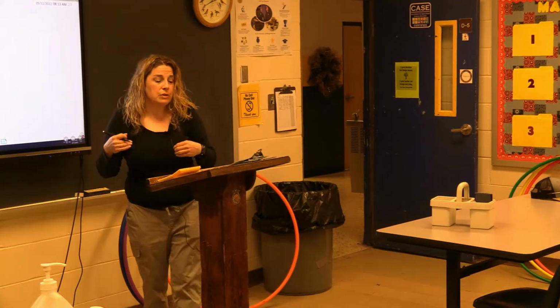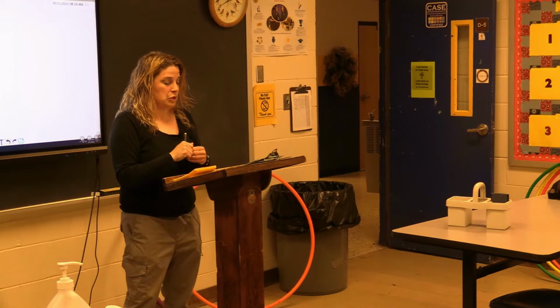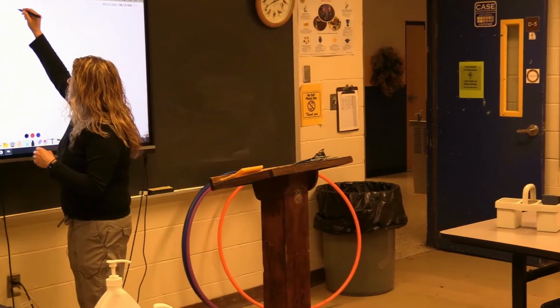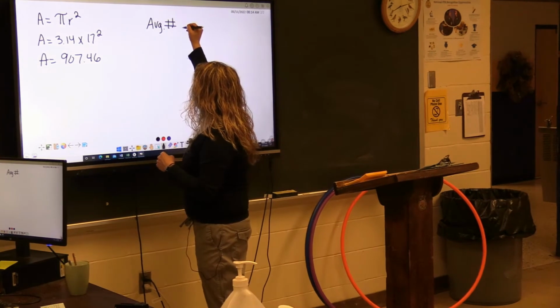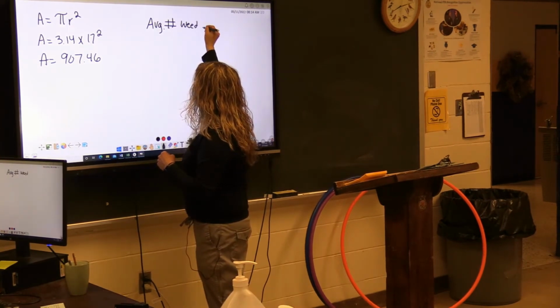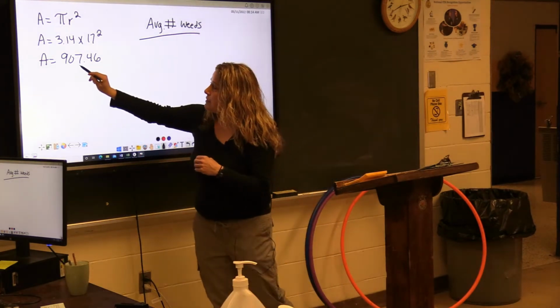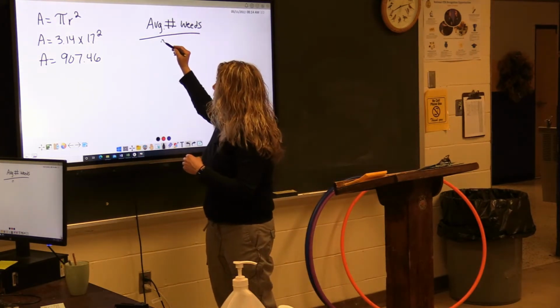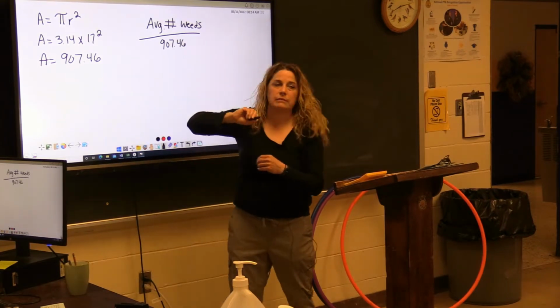So what we want to do is to take our area and we're going to plug in some numbers. So what you should have is the average number of weeds that you came up with, okay? And then we're going to divide that by our area. So our area was 907.46, right?